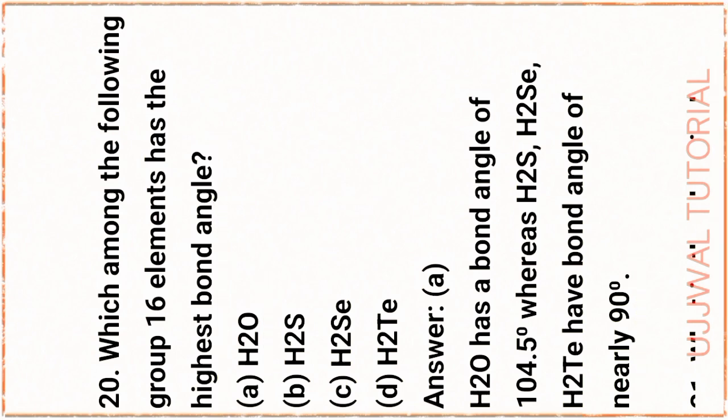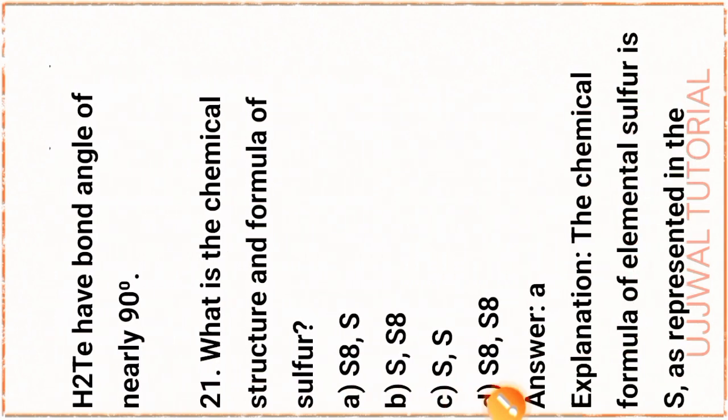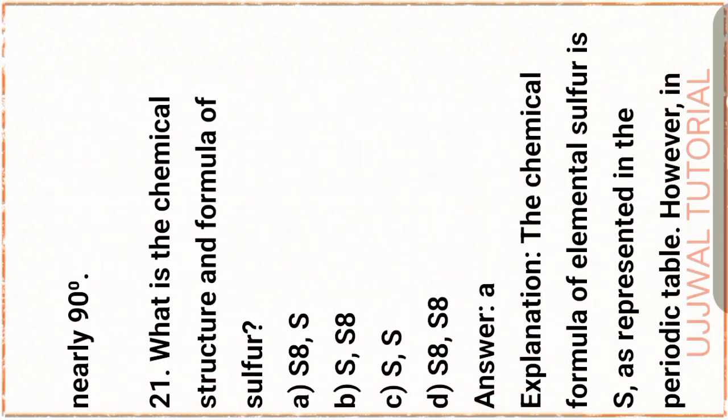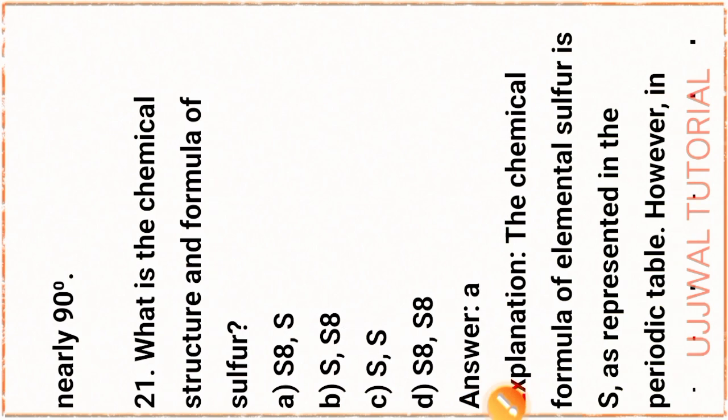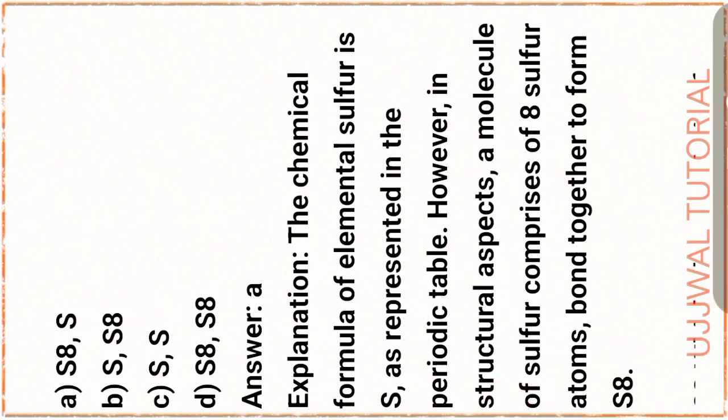Next question, number 21. What is the chemical structure and formula of sulfur? Option A, that is S8 and S. To explain this part, the chemical formula of sulfur, S, is as represented in the periodic table.